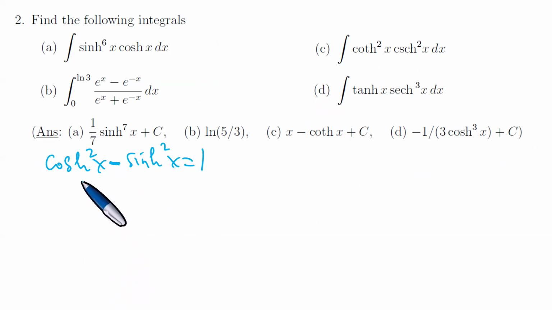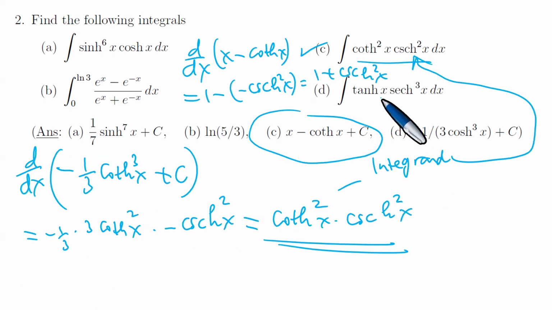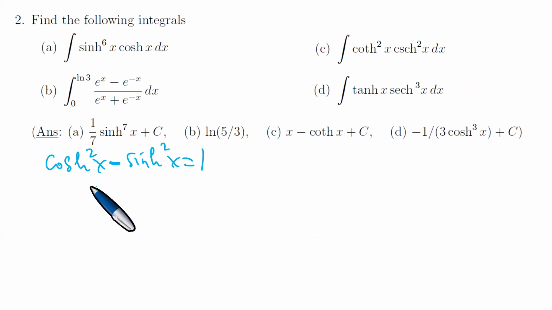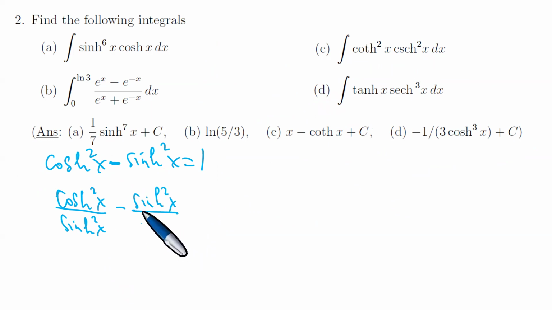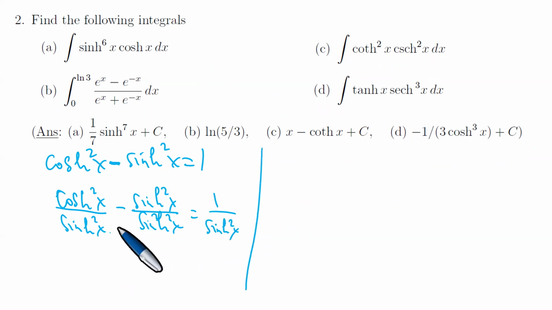So now you can derive some identities here. If you want to get cosecant squared, cosecant is 1 over the hyperbolic sine. So you divide by the hyperbolic sine squared. So cosh squared over hyperbolic sine squared, this one is actually what?